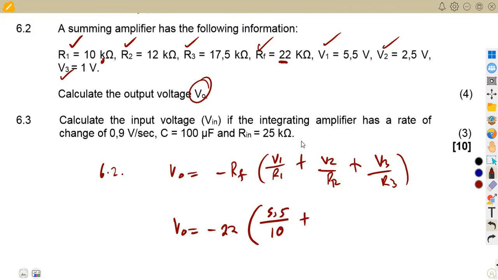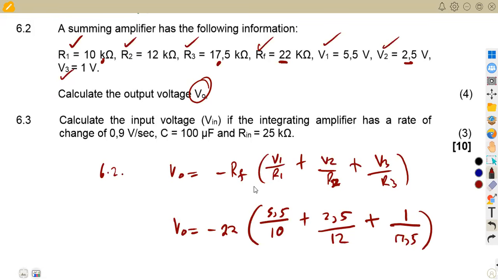Plus V2, which is 2.5, over R2, which is 12. Plus V3 over R3, with R3 being 17.5.